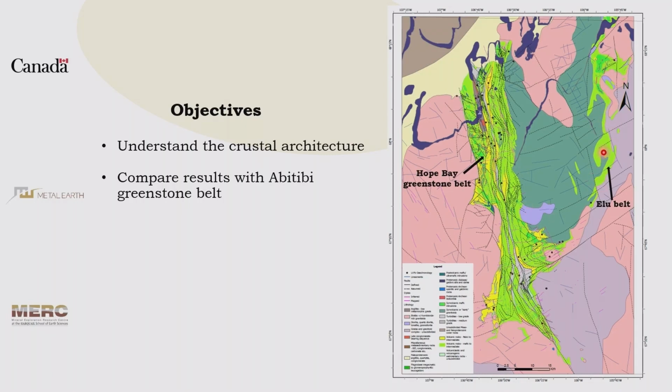So the idea is to understand the crustal architecture in this region, and that's basically to image the variation in resistivity structure at the Hope Bay, and a secondary objective is to understand the relationship between the Hope Bay Greenstone belt and the Ilu belt here. And bear in mind that this is an endowed belt, so we want to compare the results with what we have in the Abitibi Greenstone belt so far.